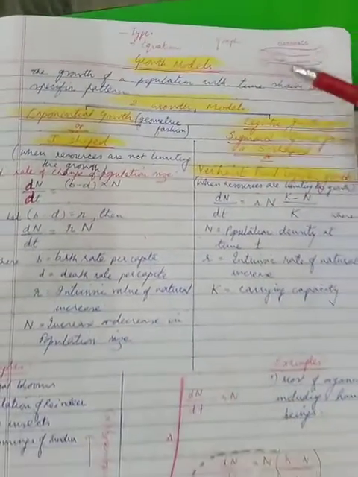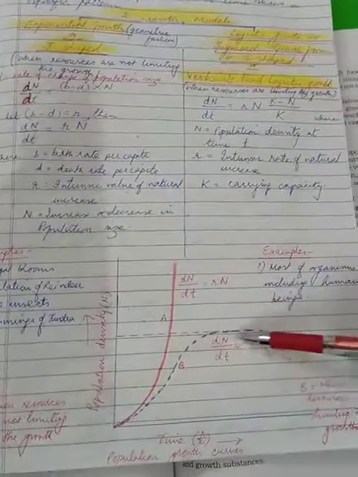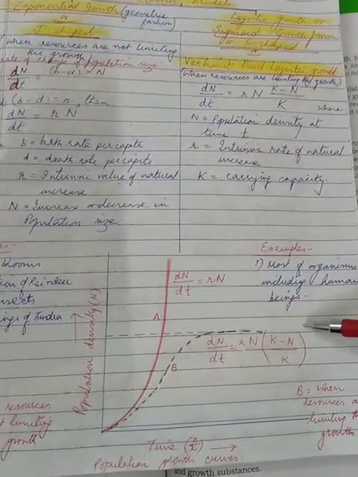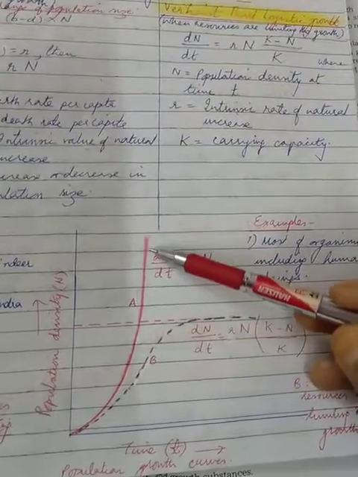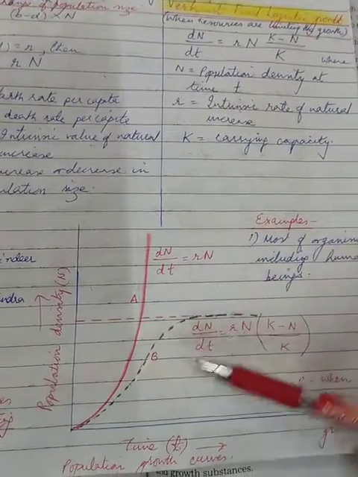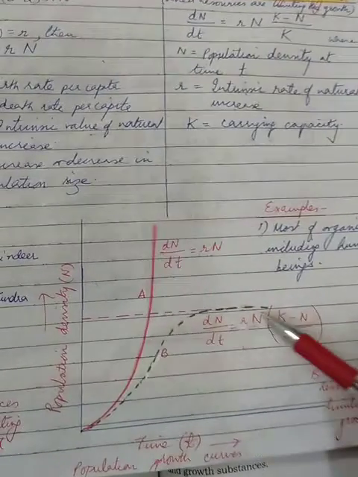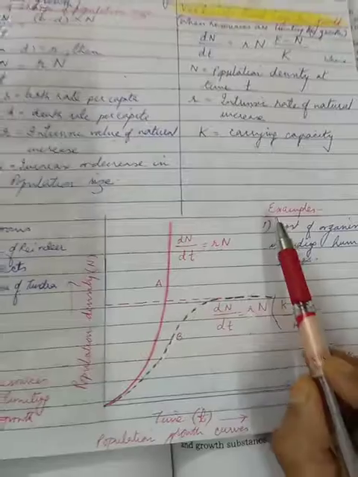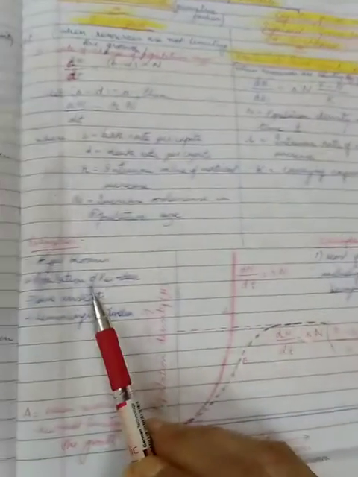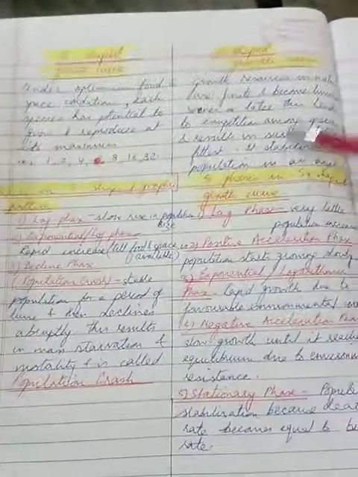So 3 things only we have restricted: types, equation and graph. Here I have given the same graph from the textbook. You shouldn't be confused. Red one says the J shape, this is the formula, and this green one tells you the S shape, and this is the formula, right? Examples here for S-shaped and here for J-shaped, and the details I have explained in this table.